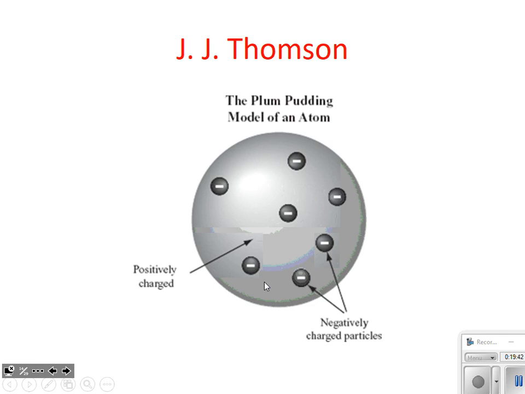Now, what I see when I look at that, I think of tapioca pudding. You ever had tapioca? It's got those little clumps in the pudding. That helps me visualize the plum pudding model because I don't know what plum pudding is. I know what tapioca is. I like that. So those little negatives are the electrons that are in that vast sphere of positively charged areas.